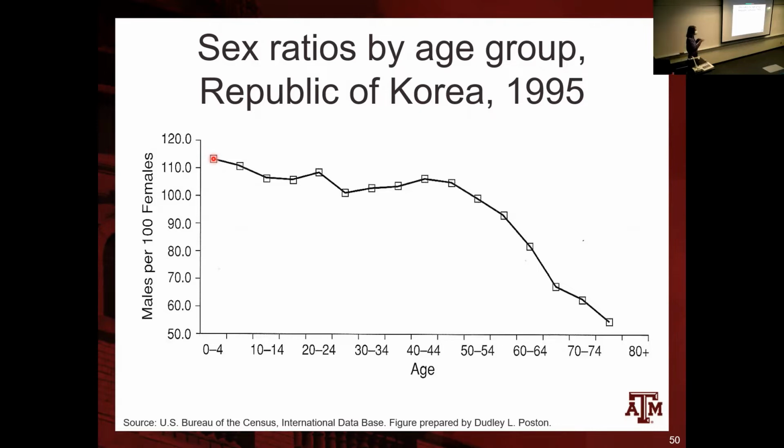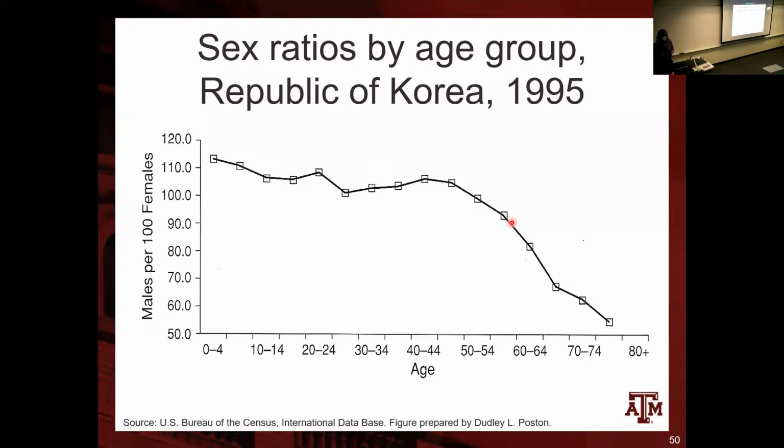But this sex ratio tends to decline as we look at older people, though it doesn't decline so fast. And by around age 50 to 54, right after that, we start to see more women than men in South Korea. And of course, that's based on data from 1995.